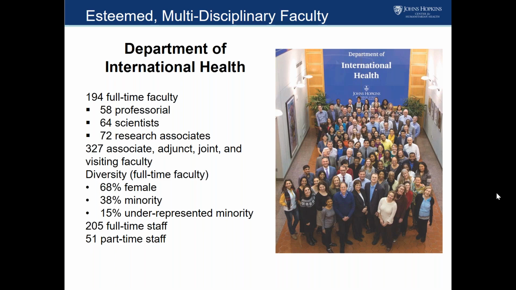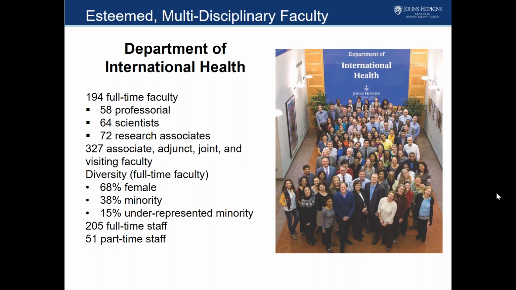In addition to that, almost 200 people, not all of them will be teaching you courses, but we draw from that group. We have associates, both adjunct, joint faculty, visiting faculty, over 300 of those who help, and they may be giving guest lectures in some of our courses, for example, during live talk.